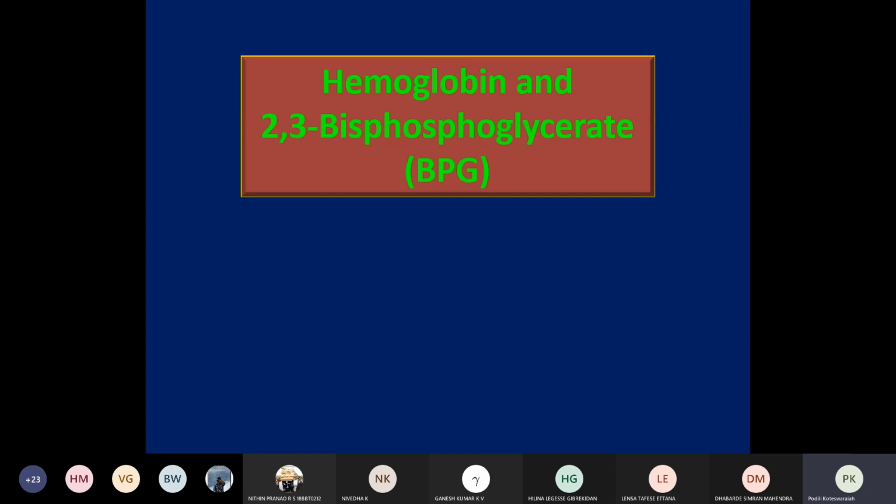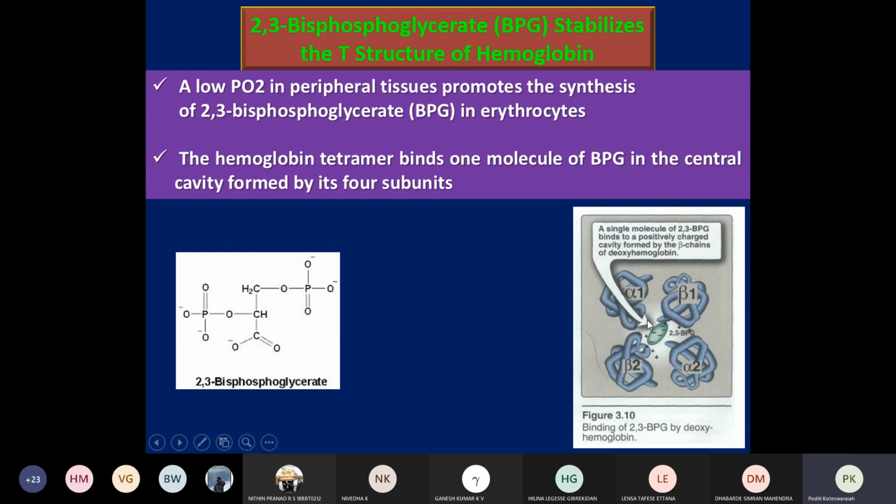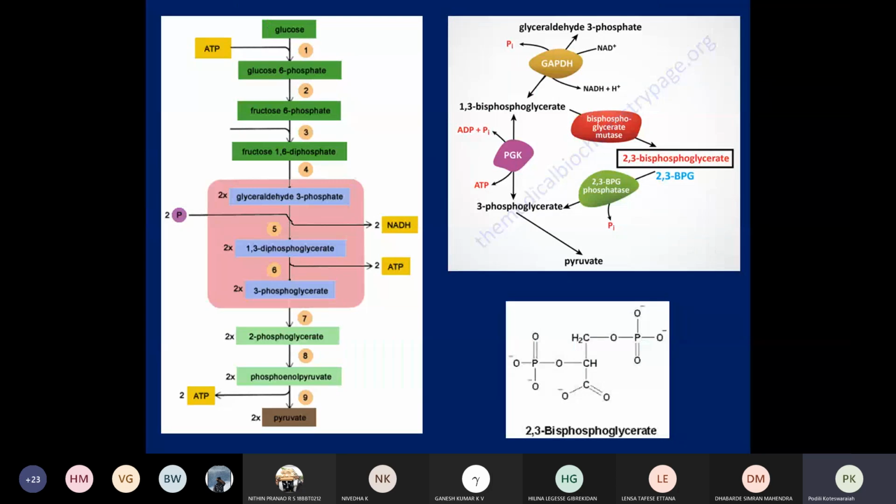Another molecule that influences the hemoglobin affinity towards oxygen is 2,3-bisphosphoglycerate. 2,3-bisphosphoglycerate is an anionic molecule, and you can see here the glycolysis, where we know 1,3-bisphosphoglycerate is the intermediate. 2,3-bisphosphoglycerate is formed from 1,3-bisphosphoglycerate by bisphosphoglycerate mutase, and this takes place only when there are low levels of oxygen.